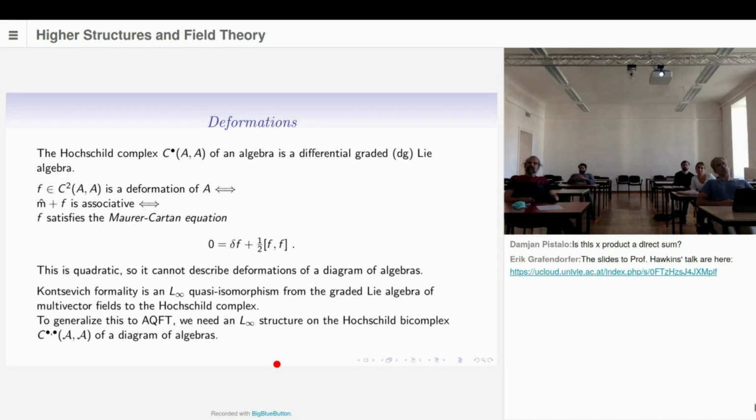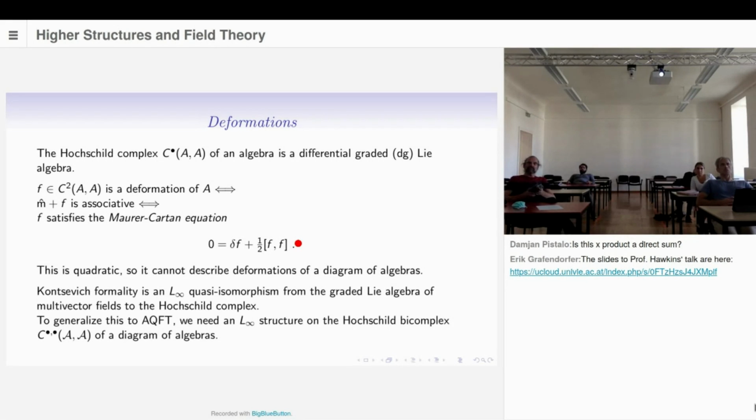F in degree 2 in that complex is a deformation of the algebra A if, when you add that to the multiplication map, you get an associative multiplication. But this is exactly the same thing as F satisfying the Maurer-Cartan equation: 0 is equal to the differential of F plus 1/2 the bracket of it with itself. So that's defined by the differential graded Lie algebra structure.